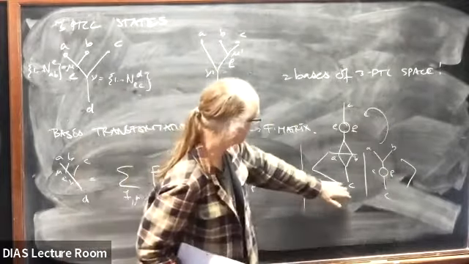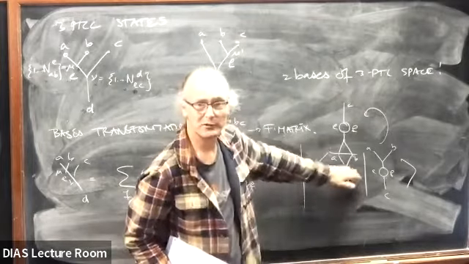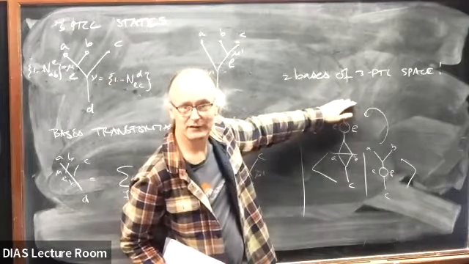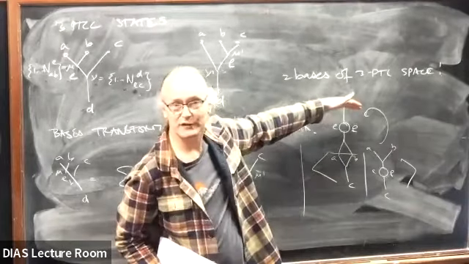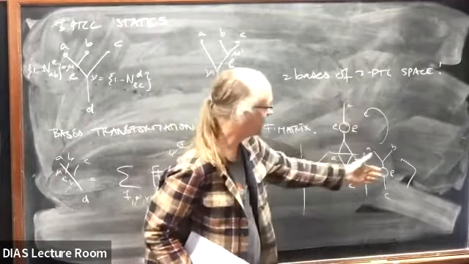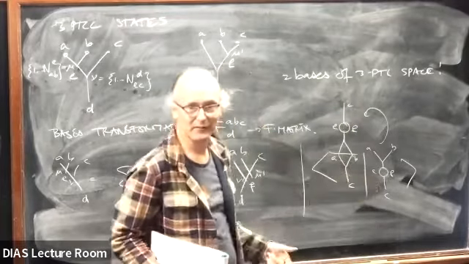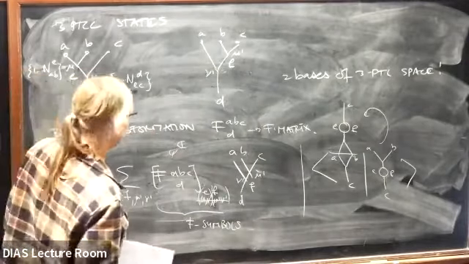And then you calculate the amplitude for this diagram to be a single particle amplitude, and the space for a single particle is one-dimensional, so it's C. So this will just give you a complex number, and so that's a way to define the inner product. So that gives you a sort of natural inner product also in this space.